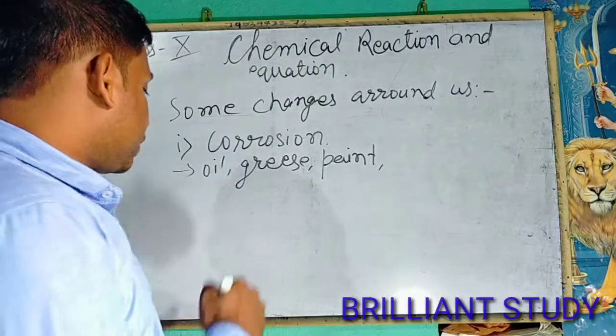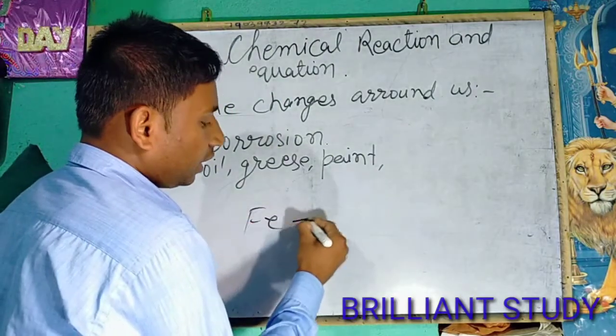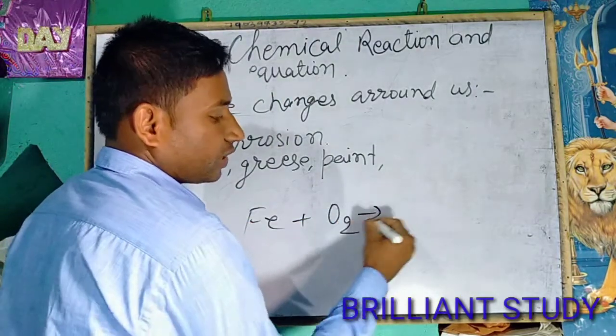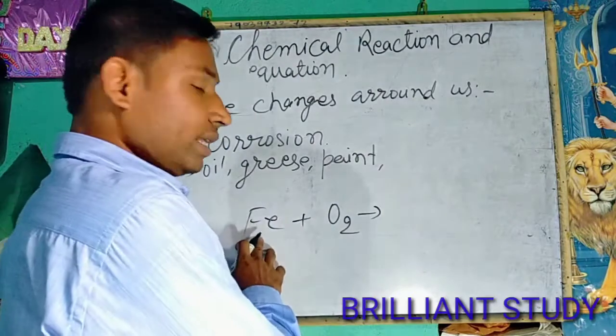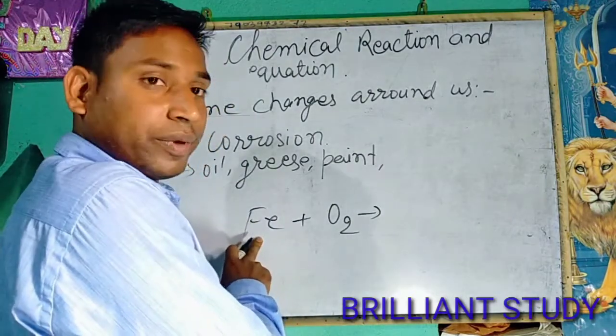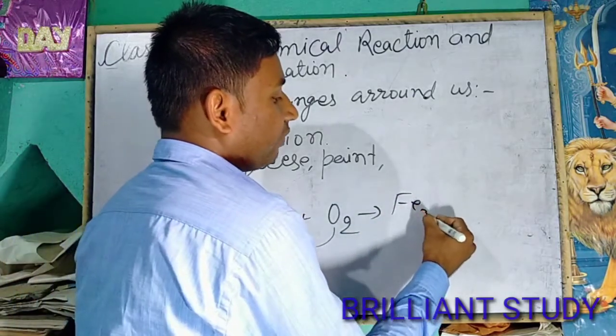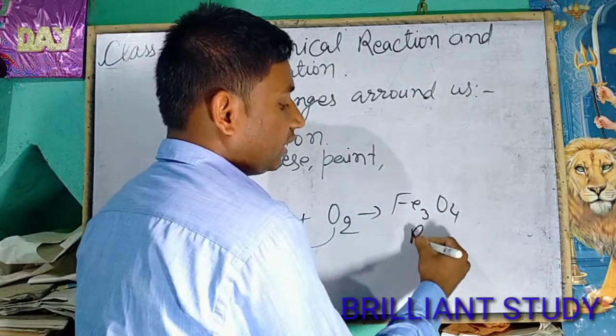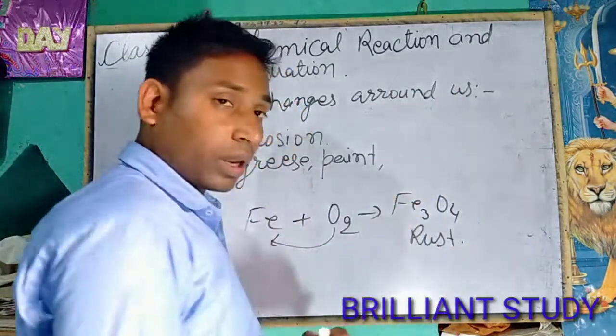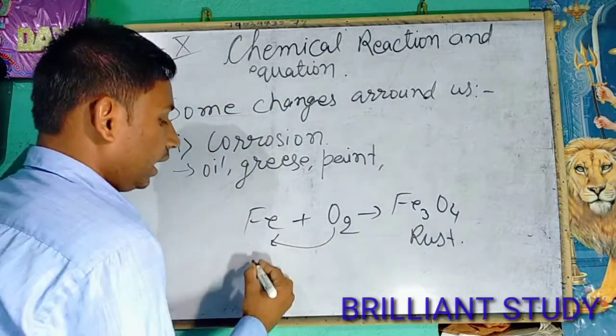Why? It is due to the reaction between the iron and oxygen. When iron is left in the open atmosphere, it reacts with oxygen and forms Fe3O4, that is rust.